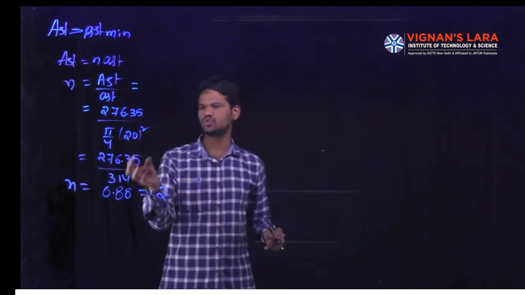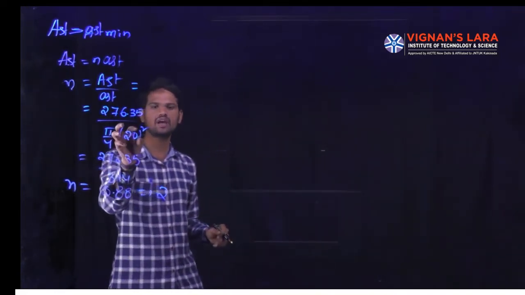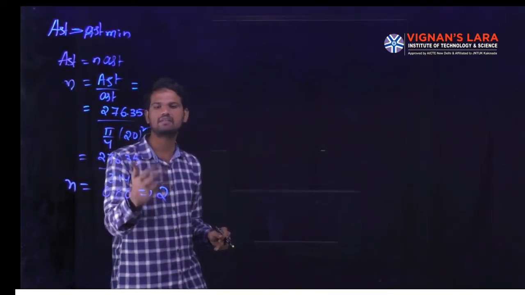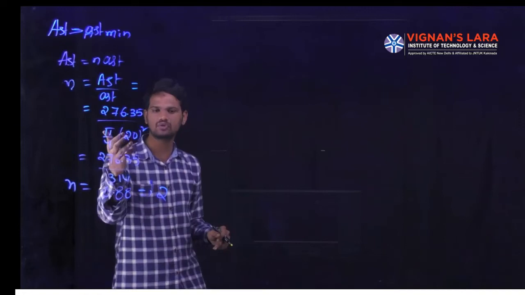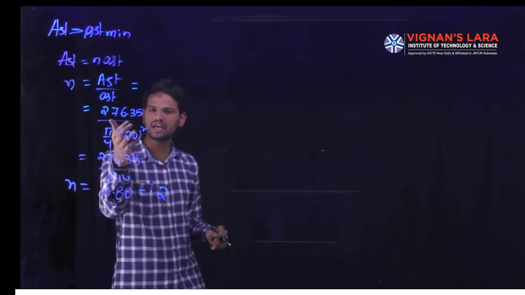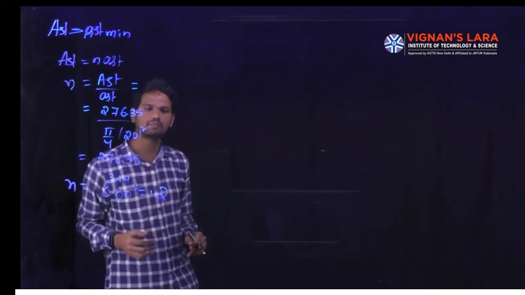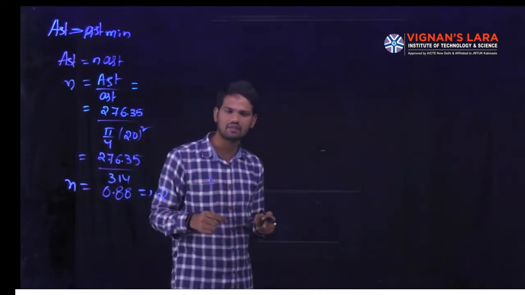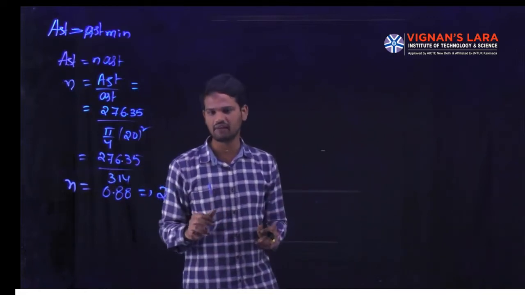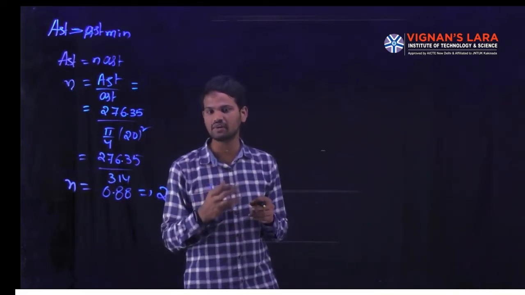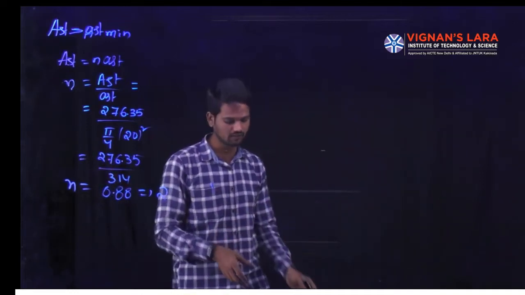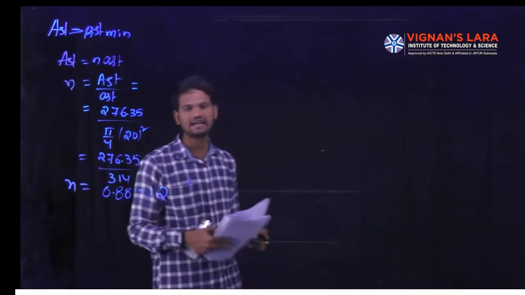If you substitute a 12 mm diameter bar instead of 20 mm, the number of bars may increase. Again, a 6 mm diameter bar will require even more bars. Based on the diameter of the bar you provide, the number of bars may vary.